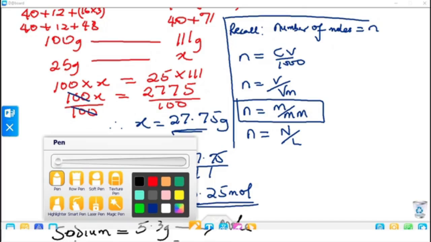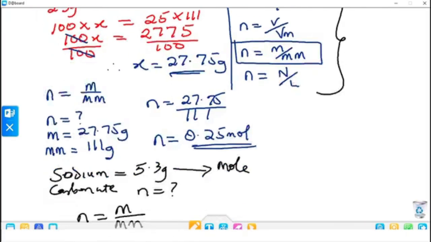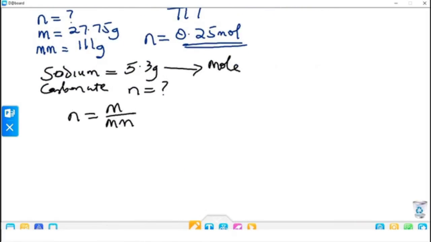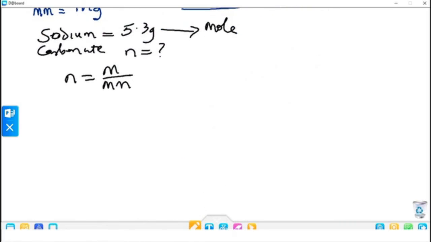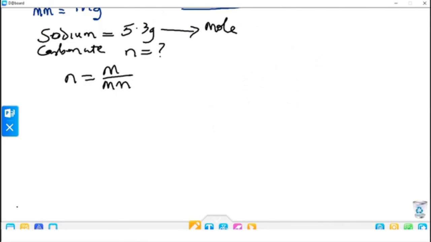When you're given any question that has to do with mole and other parameters, whether volume, concentration, mass, or molar mass, remember this relationship. They will go a long way to help you understand how to solve any question whatsoever. So the relationship between mass and mole is N equals M over Mm.